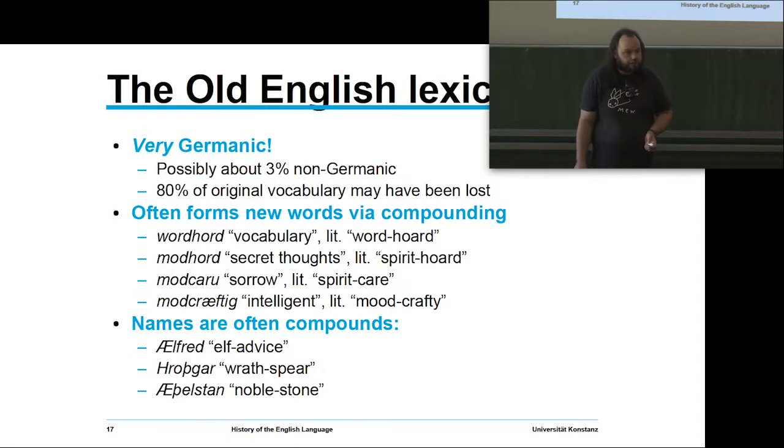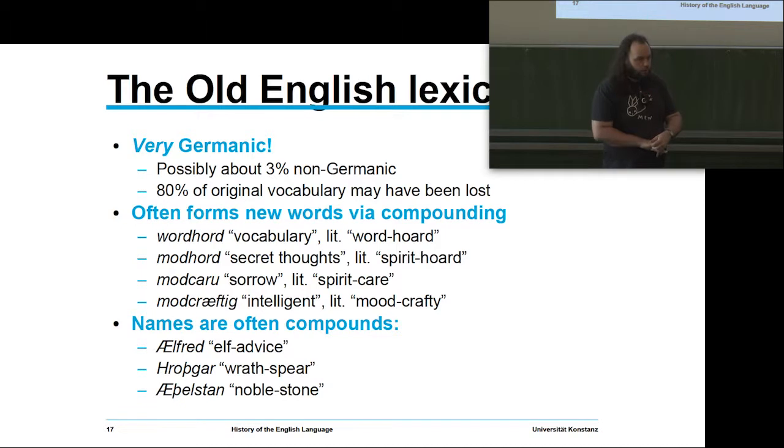So that's a huge shift that's taken place in the history of the language. And we want to know why, of course, and one of the things we're going to talk about quite a lot next week is exactly why: the external influences on English. But it's been estimated that 80% of the original vocabulary of Old English has been lost in the history of the language.